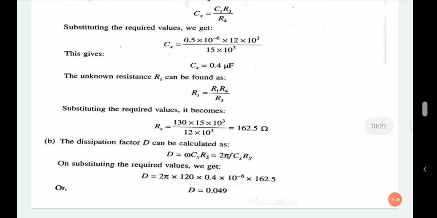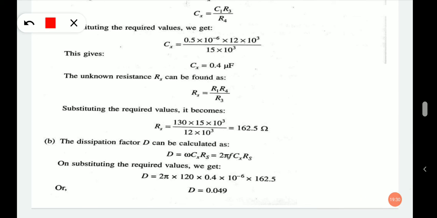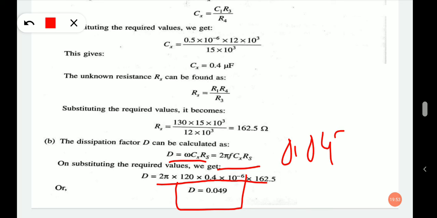The dissipation factor can be calculated as D equals omega Cx Rs, or 2 pi f Cx Rs, and after substituting the values we get the dissipation factor as 0.049.